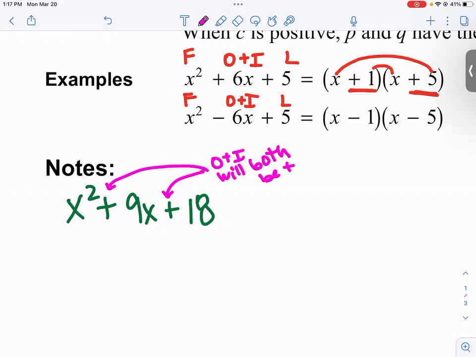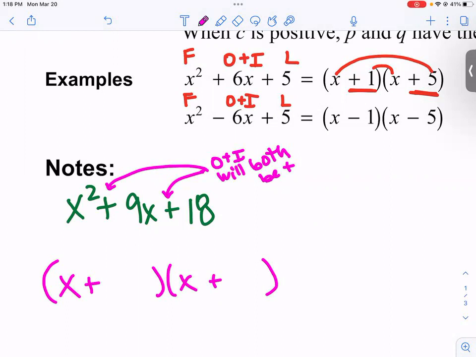Okay, that's great. So I'm going to write x plus, x plus. I know that these are both positive. They're the same sign since our last product is positive. Since this is also positive, they both have to be positive.